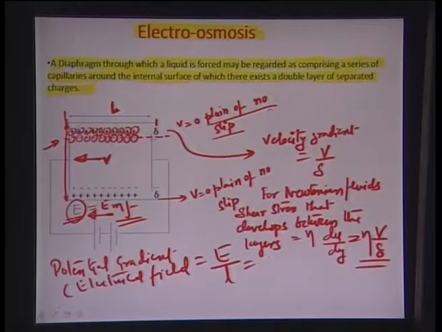So, this can be represented by some term x here, all right. In order for the potential gradient to move the fluid, the shear stress should really be equal to the electrical force per unit area. So, let us suppose the charge density on the surface of the channel or the microcapillary is sigma.